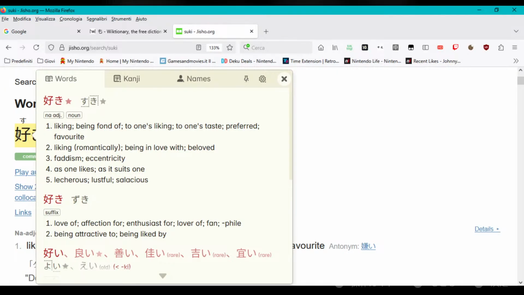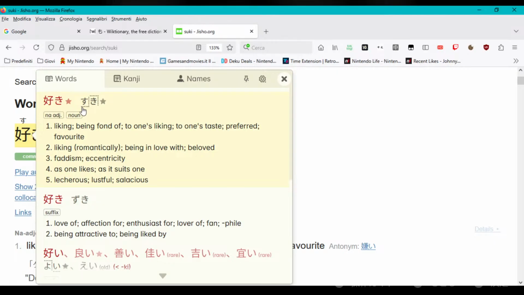You might have already heard it, as it's quite a famous Japanese word, which is used when you like something. In this case, for example, we could say, I like dogs too. I like also dogs. Inu mo suki.